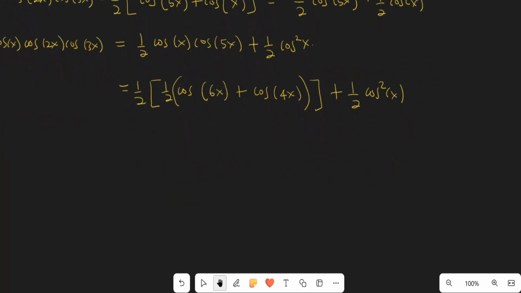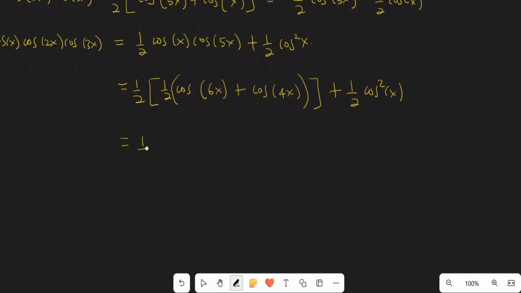So 1/2 times 1/2 is 1/4. Then we have cosine of 6x plus cosine of 4x plus 1/2 cosine square x.